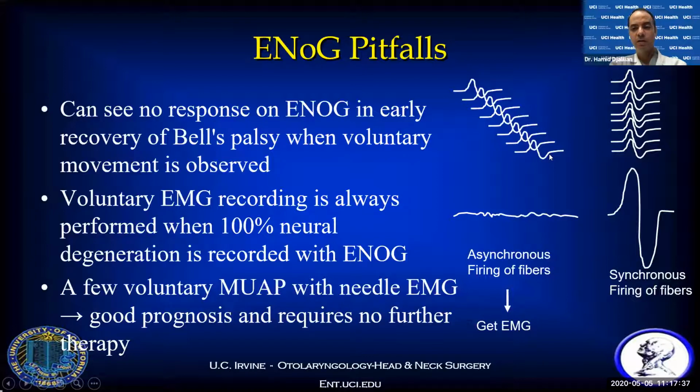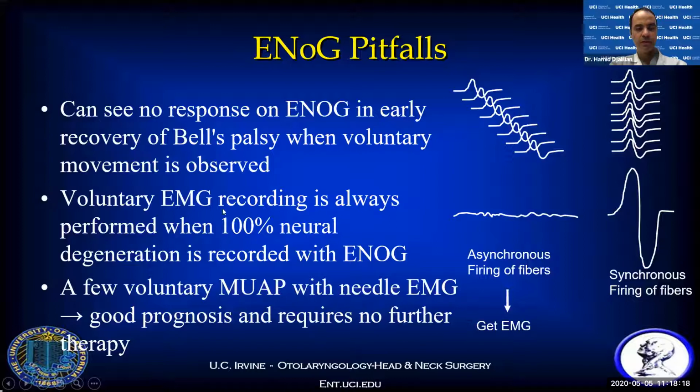Now, in our institution, our neurology people do the ENOG, and so they automatically do a spontaneous needle EMG, and then they do an evoked EMG, which is what ENOG is. And then that way we have the information regardless. But if you're in an institution where the audiologist does ENOGs, usually the audiologist does not do the needle EMG. And so it's important that you just be aware of this issue and not potentially be overly aggressive if you see something like this.